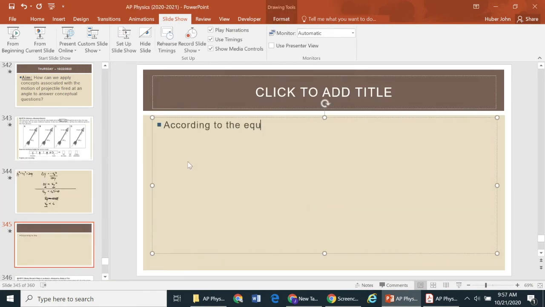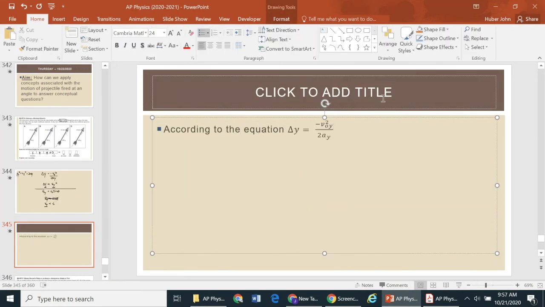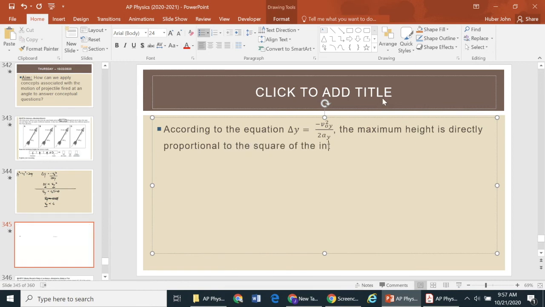According to the equation, delta y equals negative v naught y squared over 2ay, the maximum height is directly proportional to the square of the initial velocity. And of course, if you wanted to write that with the symbols, that's fine, but it's easier to type here for me, and so I'm just going to do that.